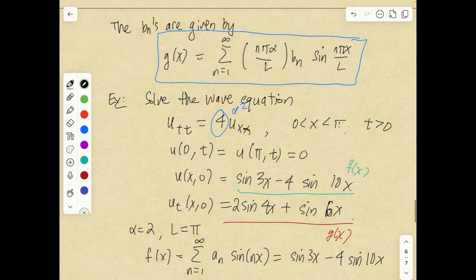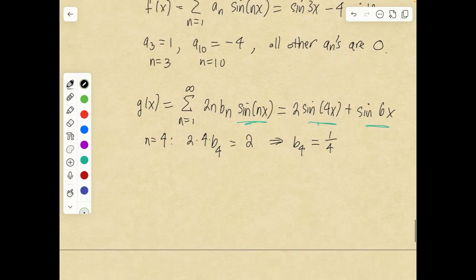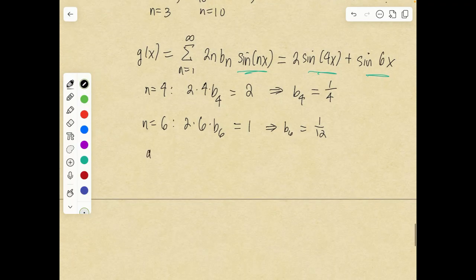So 2n b sub n sine... let me make sure. So alpha is 2, L is pi, so it's 2n. Yeah, I think I just made a mistake in my notes. I think this is correct. I think b4 should be 1/4.